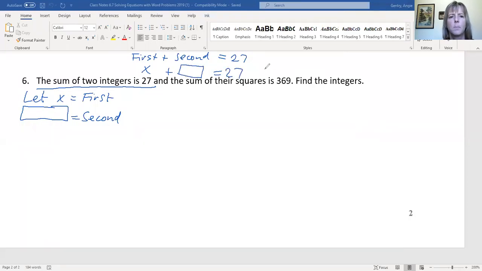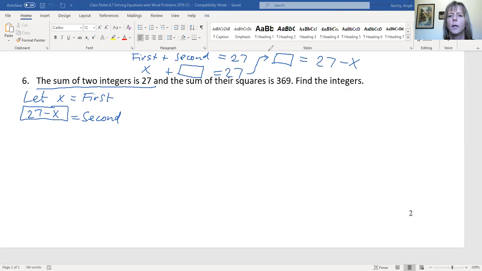Do you see it? Then the blank is 27 minus x, because you're isolating the blank, so you're subtracting x from both sides. So 27 minus x is the second integer. And now you translate all of this.